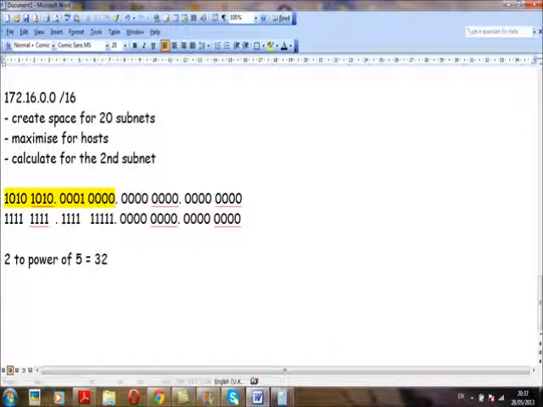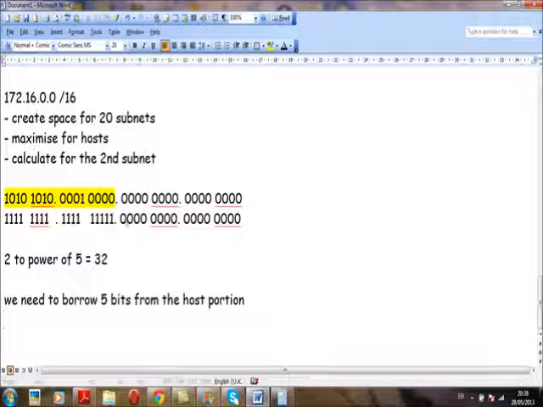Okay, so that means we need to borrow 5 bits from the host portion. So we're going to take 1, 1, 1, space them out a bit, and then we've got another one here.